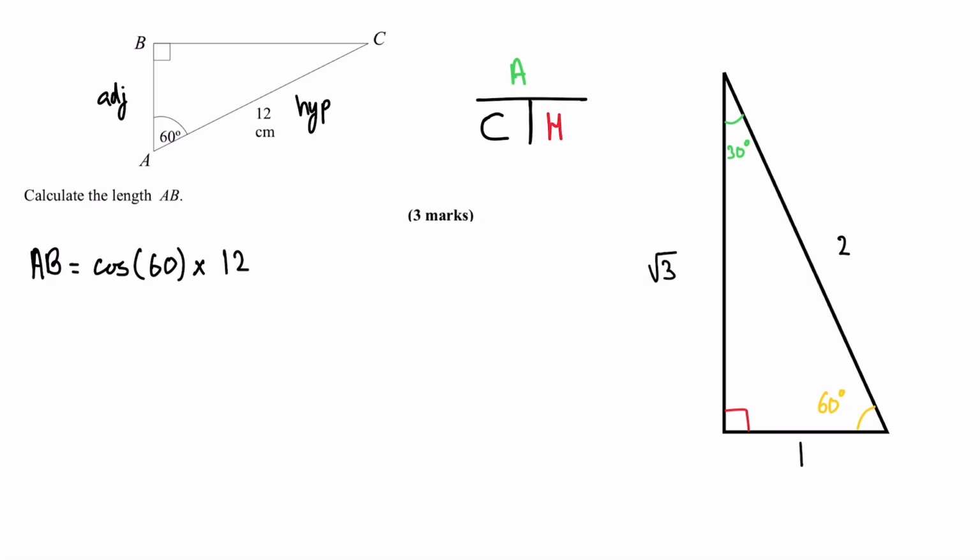So that gives us cos 60 times 12 because the adjacent is equal to cos theta times the hypotenuse. And as you can calculate now, cos 60 is 1 over 2, which is a half, because that's the adjacent over the hypotenuse. And we're just multiplying 12 by a half, that's just 6 centimeters.